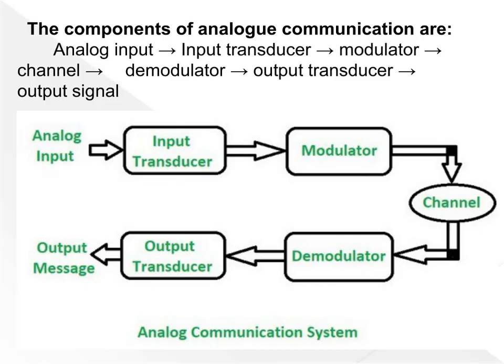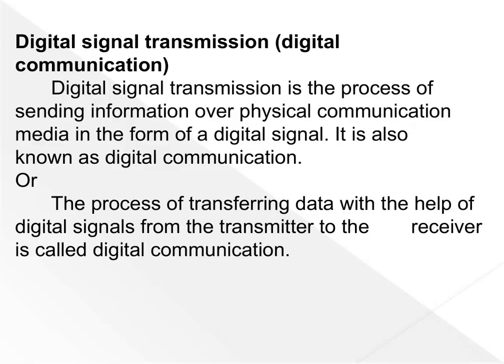communication system. Digital signal transmission, also known as digital communication, is all about sending information over physical media using digital signals. Essentially, instead of analog waves, we're working with discrete, binary data, zeros and ones, that can be easily processed and transmitted. When I say digital communication, I mean the process where data is transferred from a transmitter to a receiver, with digital signals acting as the messengers.